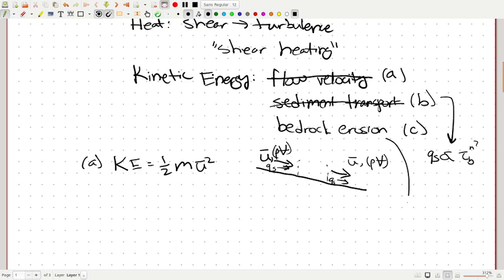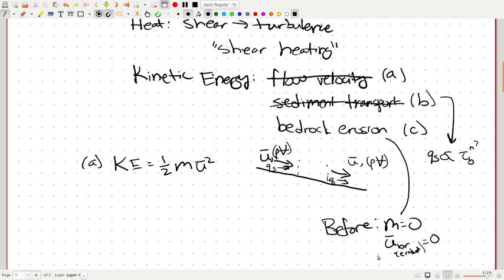And so what that means is that before, m equals 0 and u bar of bedrock, the newly eroded stuff, is also equal to 0 because it's not moving. And so then you actually are able to convert that potential energy into kinetic energy that then would cause the channel to evolve.